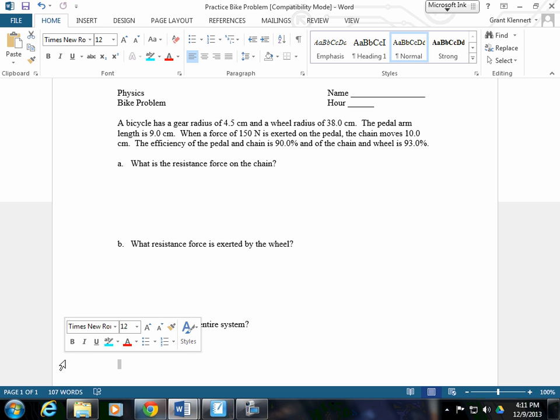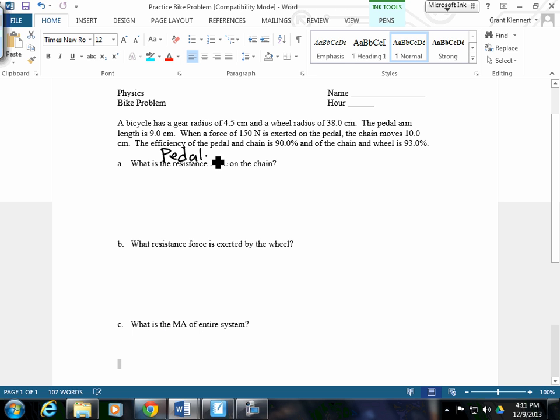You could write these on the top of your sheet if you wanted to. I'm going to put them underneath A, and then I'm going to erase them. So make sure you have them somewhere on your worksheet. What we're looking at is we have two systems. We have pedal chain, which is 1. And then we have chain wheel, or gear wheel, which is 2.